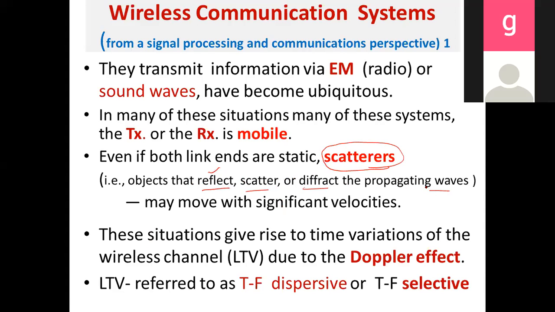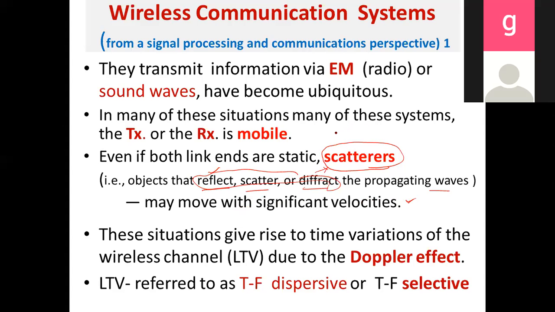When a wave impinges on a particular object, it may get reflected back, or it may scatter, or it may diffract. These may move with significant velocities, and once a wave is reflected, its velocity also gets changed. For all these three effects, I use the single term scatterers.